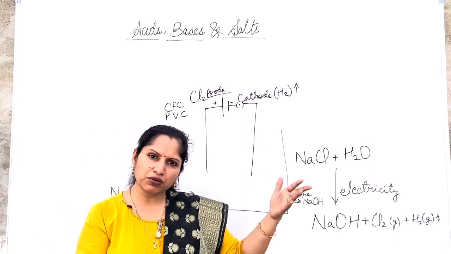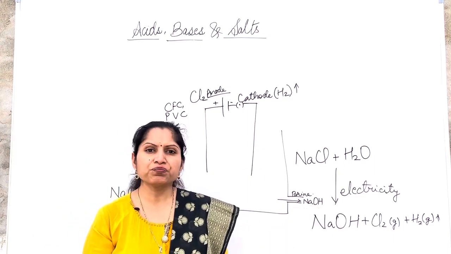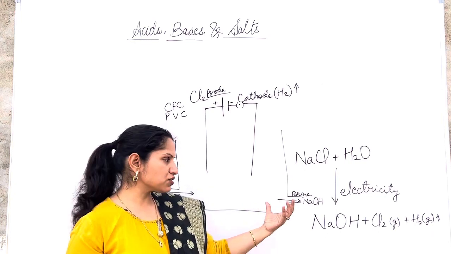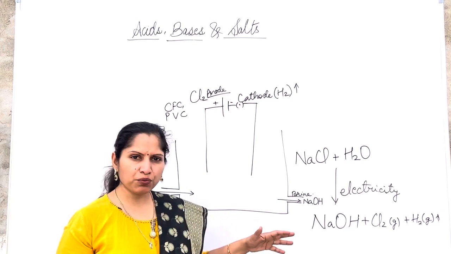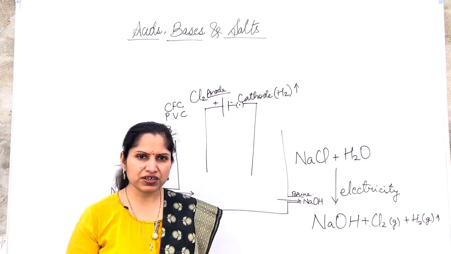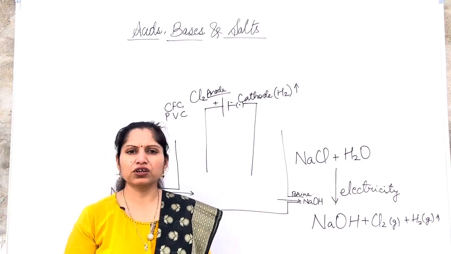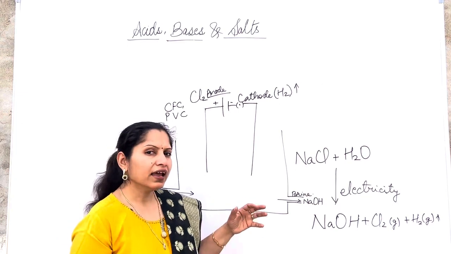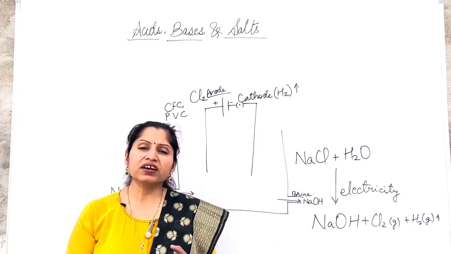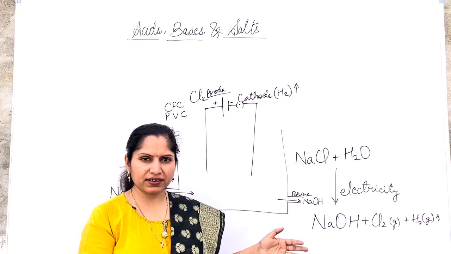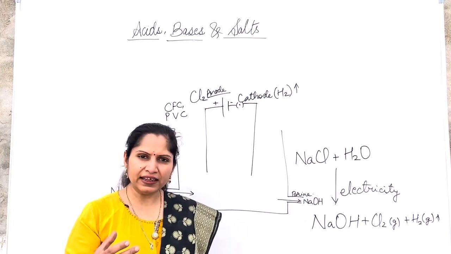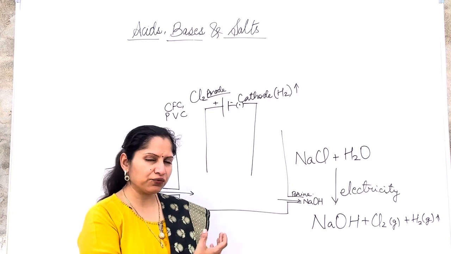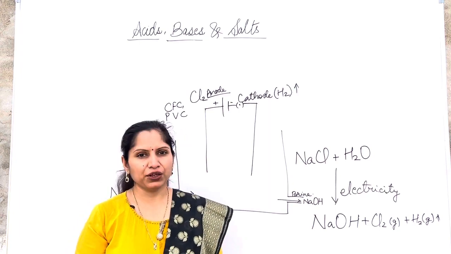We have seen about soaps and detergents, and there we were using NaOH for the synthesis of soaps. Degreasing of metals also requires NaOH. If metals are highly greased, to clean them, to degrease them, we use NaOH.